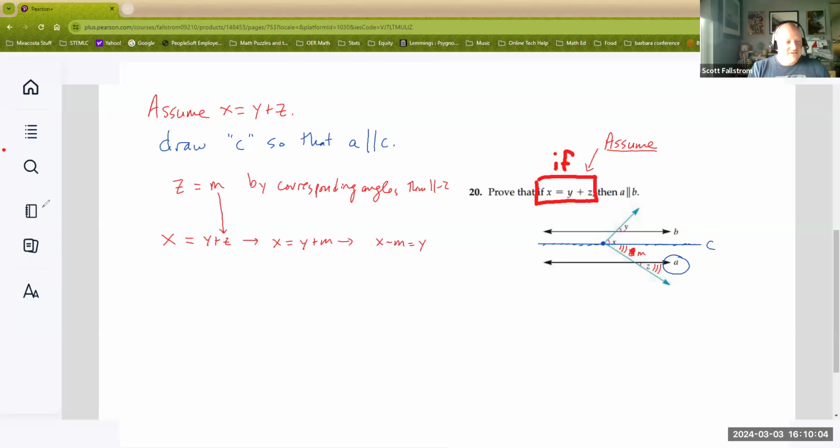And here's the reason why this is such an important component. Angle M was here, right here, and X was the big one. So if I take away M from X, that remaining component right here, and I'm going to make that a little bit thicker, is the same as Y, because that's what it says.